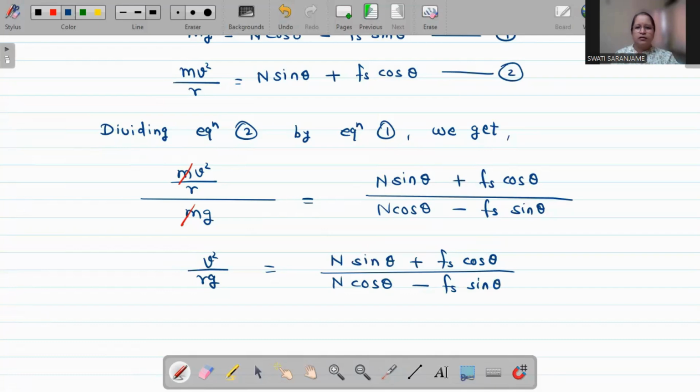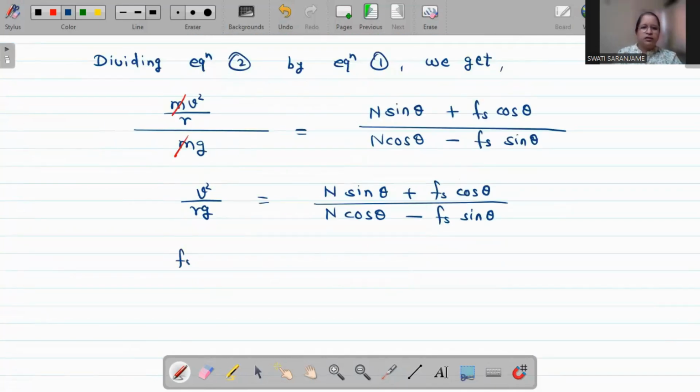So Fs is the force of friction between the surface of the road and the surface of the tires.